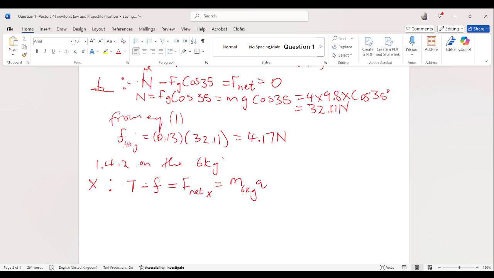I think we will all agree that if we divide by the mass of 6 kg, we will be left with acceleration equals T minus f, all divided by mass 6 kg.